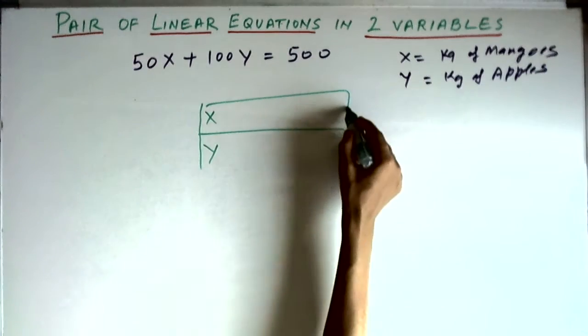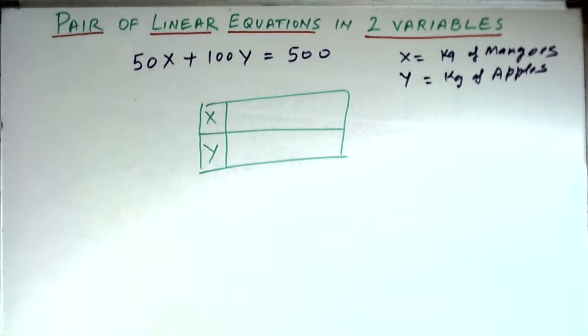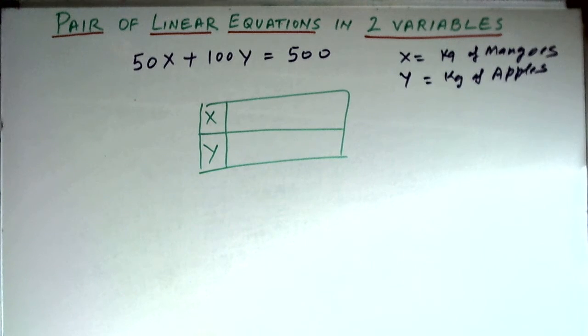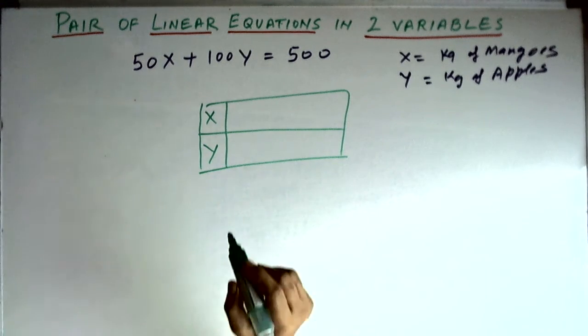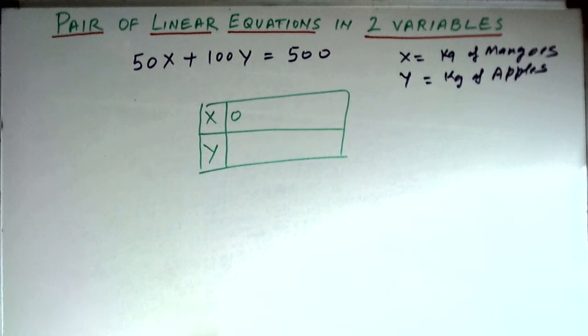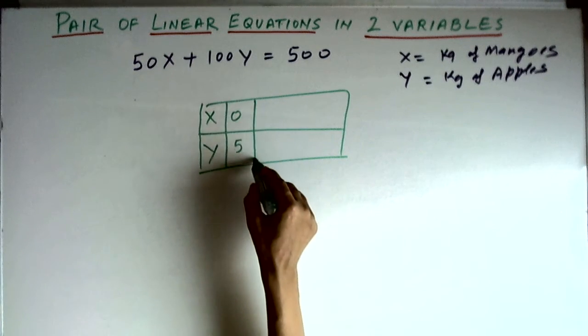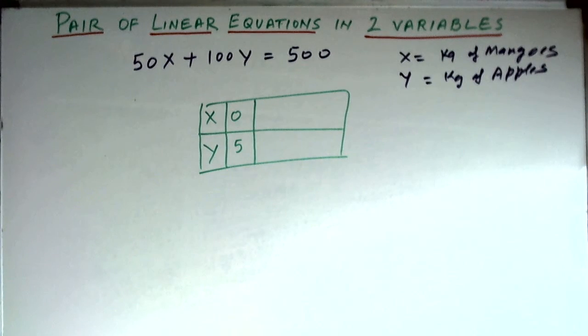So let's take x as 0, then y will be 5. So if no mango has been purchased, with 500 rupees we can buy 5 kilo of apple.